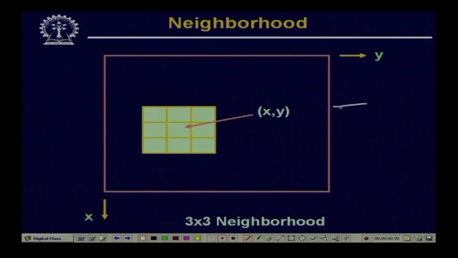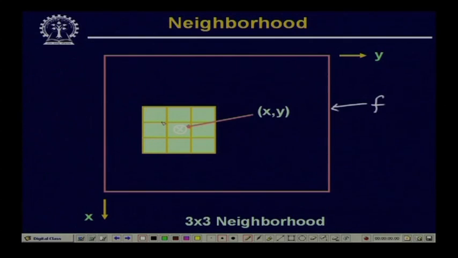This outer rectangle represents the image f, and within this image f we have taken a pixel at a particular location (x, y). The neighborhood of this point, as we said, is usually a square sub image around point (x, y). So, this shows a 3 by 3 neighborhood around the pixel point (x, y) in the image f.